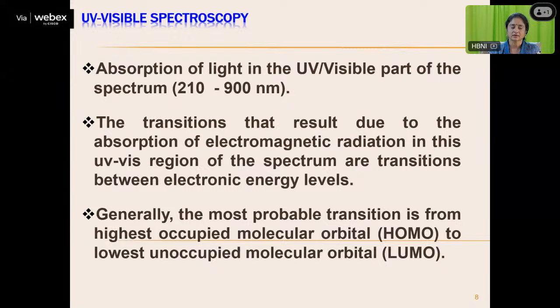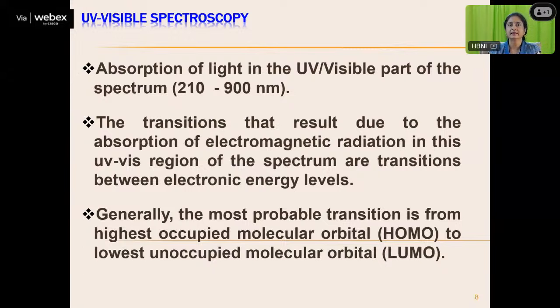So this is where the absorption of light in the UV visible part of the spectrum, that is around 210 to 900 nanometer, that is near IR range, is measured by a small and tabletop instrument which is known as molecular spectroscopy or UV visible spectrophotometry.